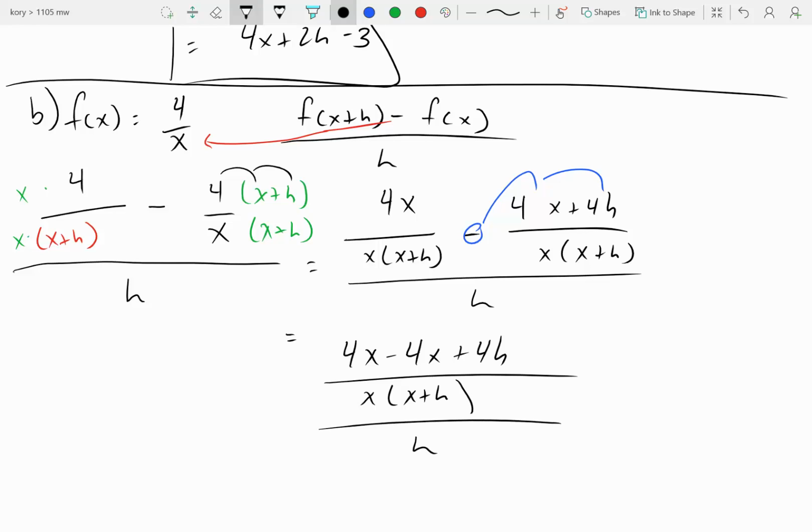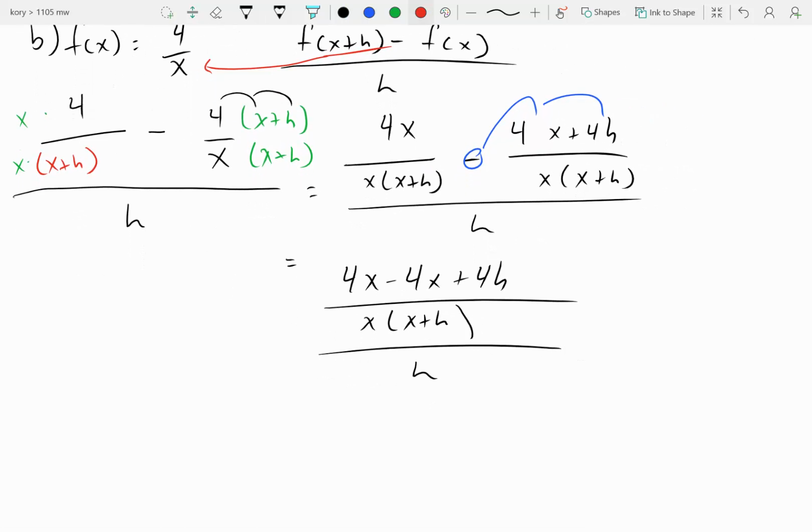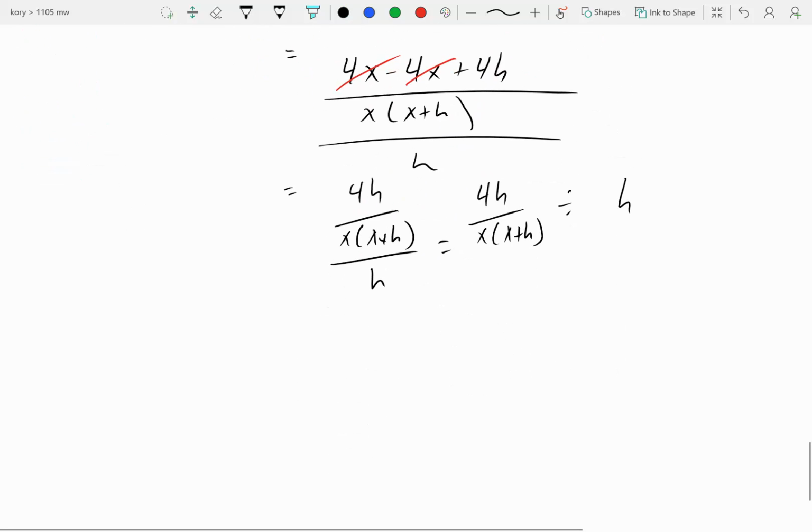So in the top, the 4x's cancel out, and we are left with 4h over x plus h over h. Let's write it so it looks normal. So we have 4h over x plus h divided by h. Let's multiply by the reciprocal. So 4h over x plus h times 1 over h.